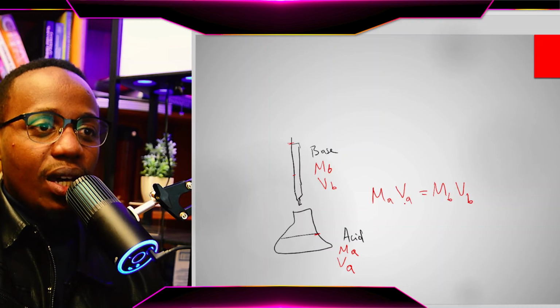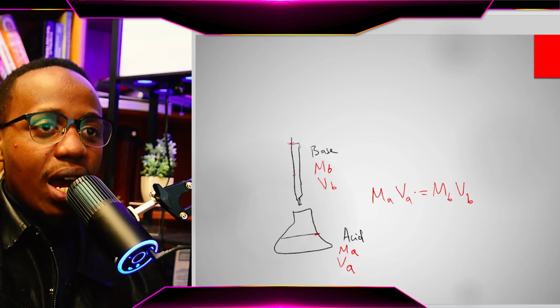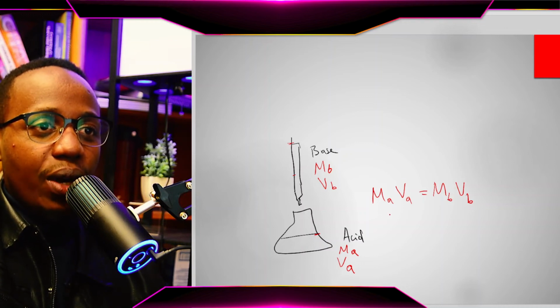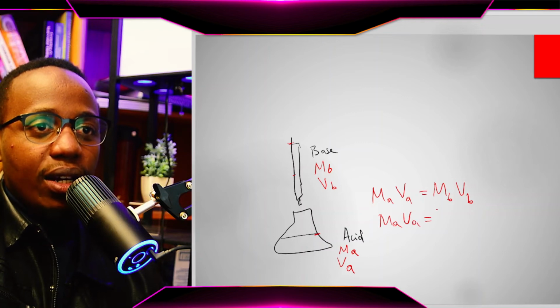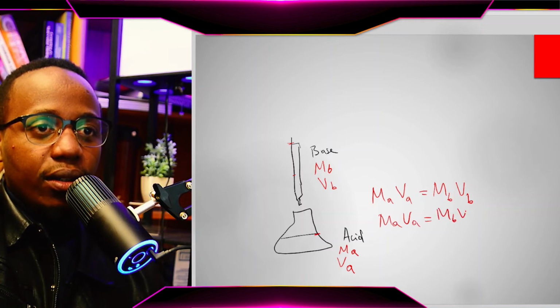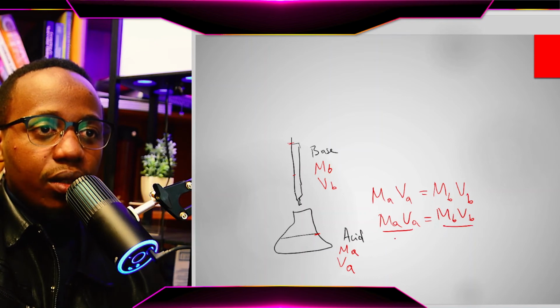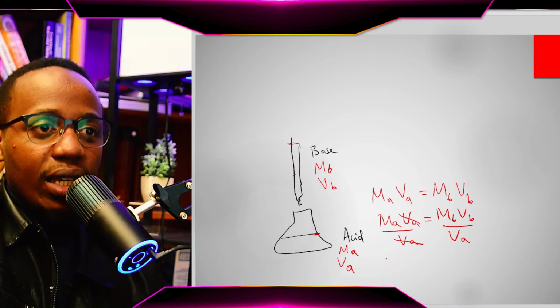How do we solve for Ma? You just divide both sides by what's next to Ma so that they cancel out.